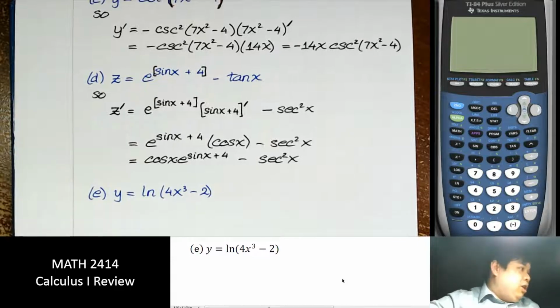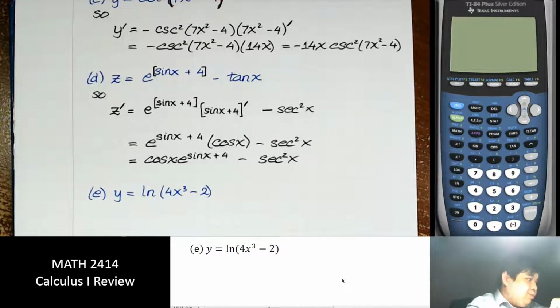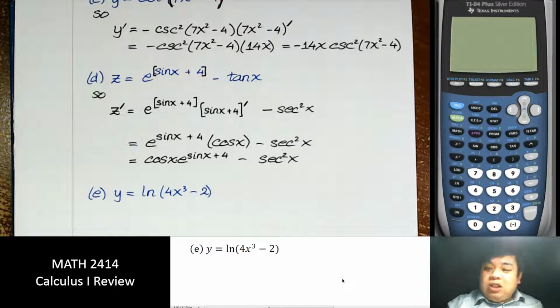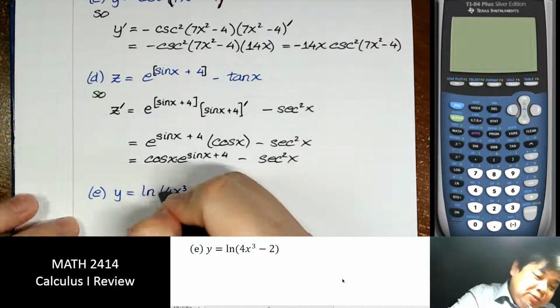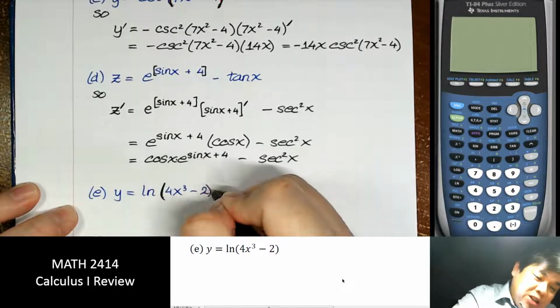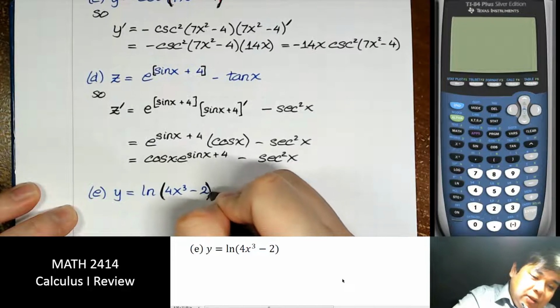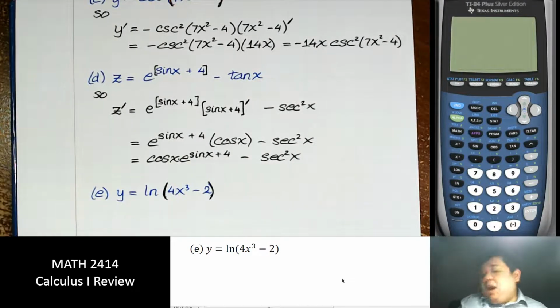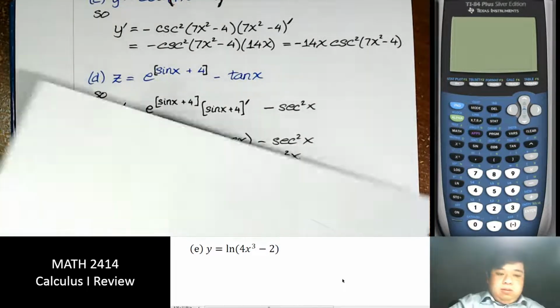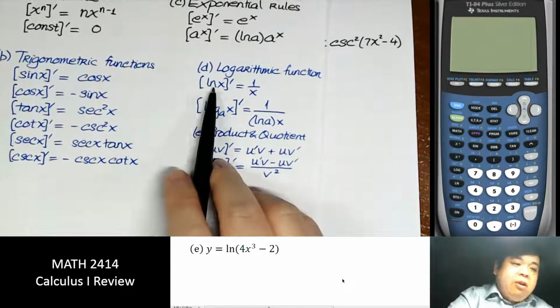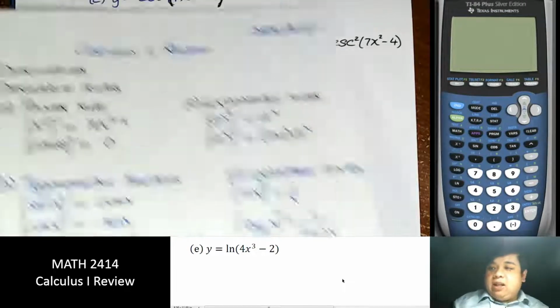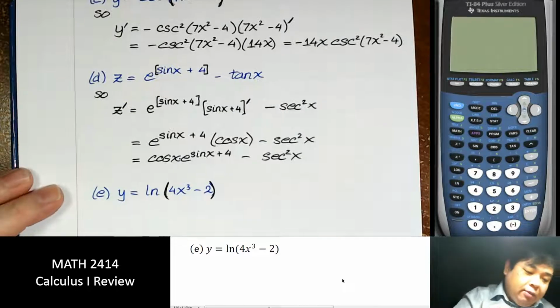For 4x cubed minus 2. Right. So once again, chain rule. Put the parentheses around this. And then what is the derivative of ln of x? Derivative of ln of x is 1 over x, the reciprocal function.